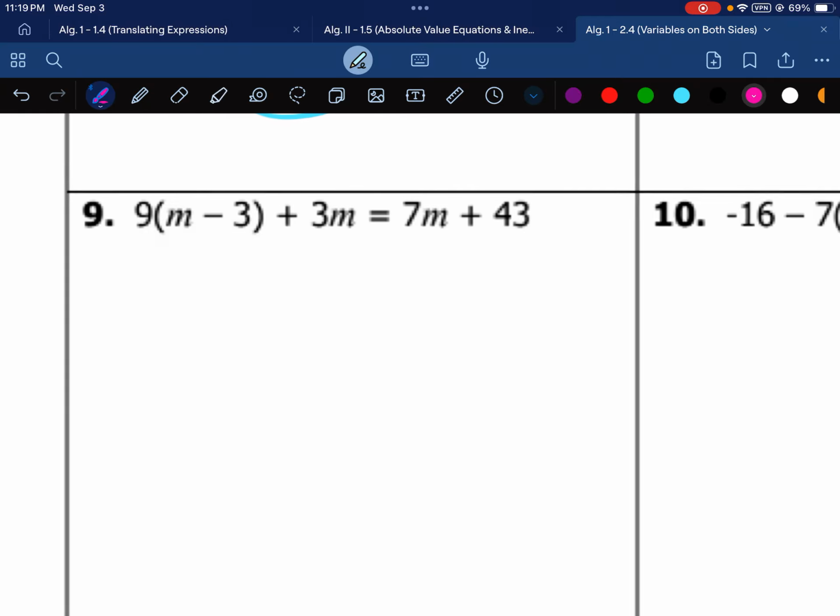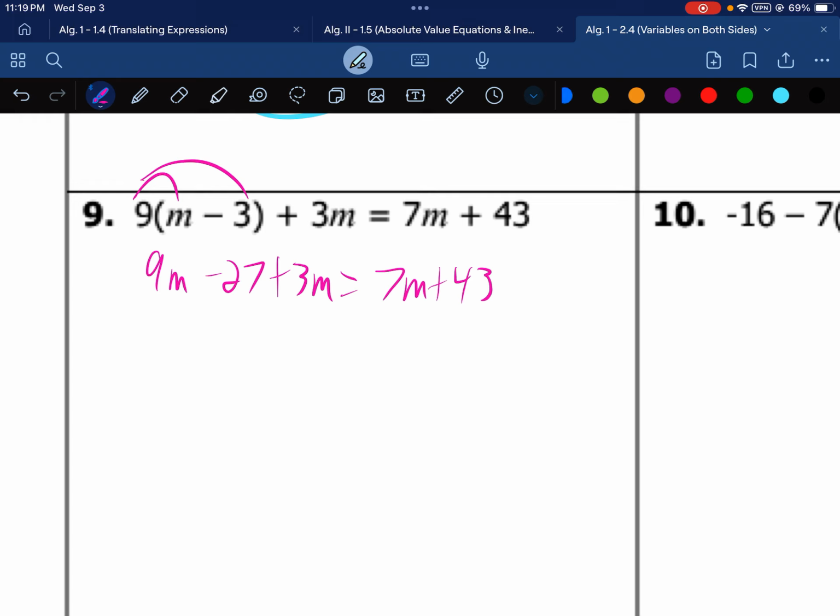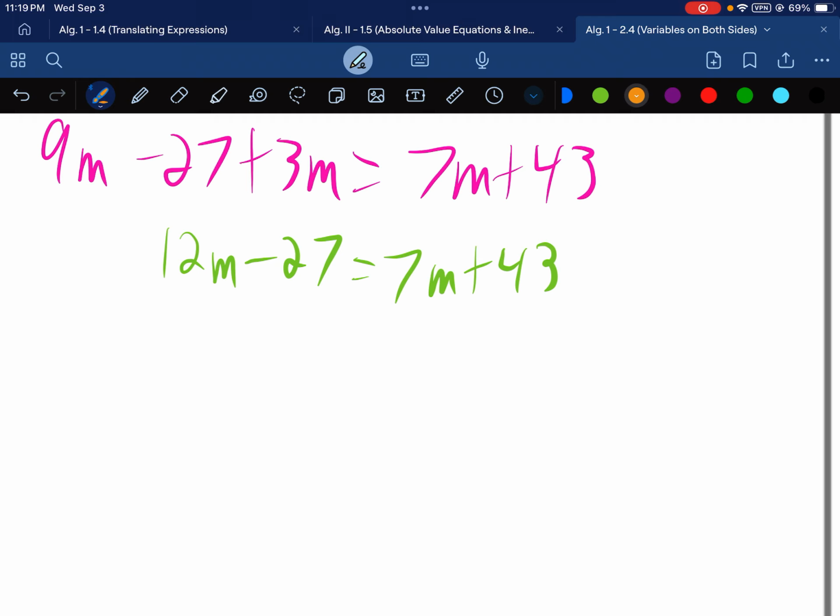Number 9 here, having to distribute this 9, we get 9m minus 27 plus 3m equals 7m plus 43. So I do have like terms to combine, so I combine those m's on the left-hand side, and I get 12m minus 27 equals 7m plus 43. Now that I've combined everything, I have 4 terms left, so I have to move my variables to one side.